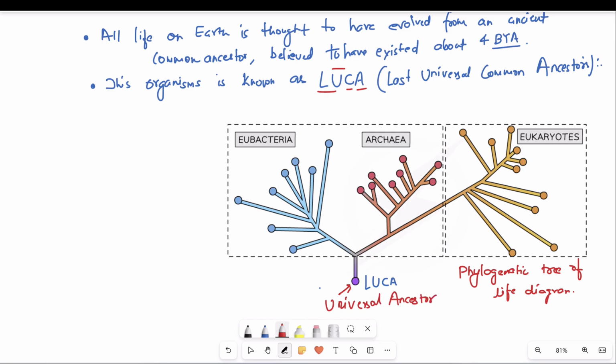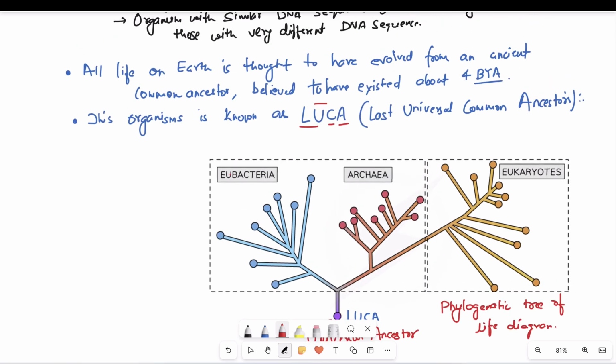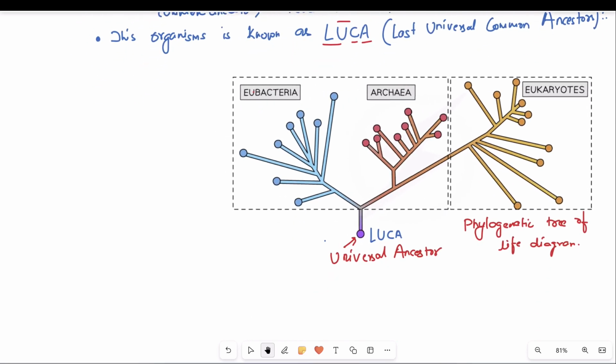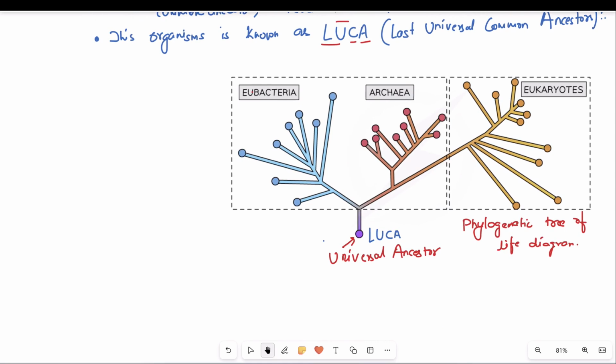So all these life forms, the three categories which we are seeing, eubacteria, archaeobacteria, and eukaryotes, we all are coming from a common ancestor. And this common ancestor has genetic information that is matching with all these organisms.